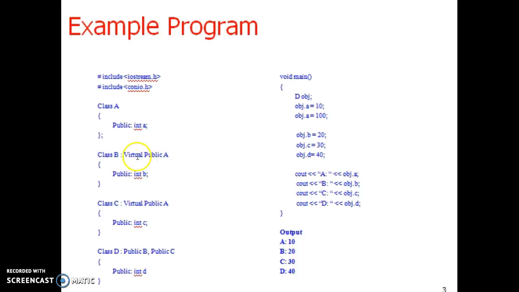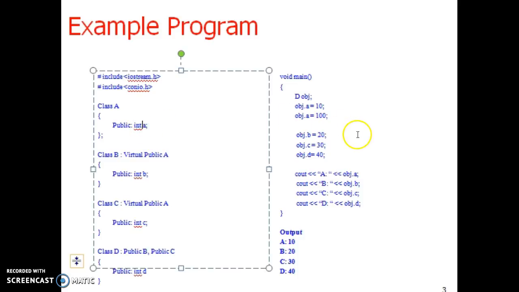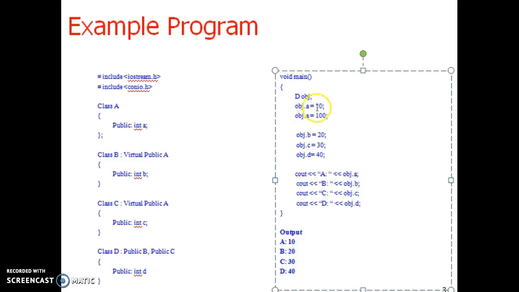So when you introduce this keyword, now in main you are free to access this A, and this A can be easily accessed in the main program. When compiling, the compiler can understand that both the copies of A are similar.